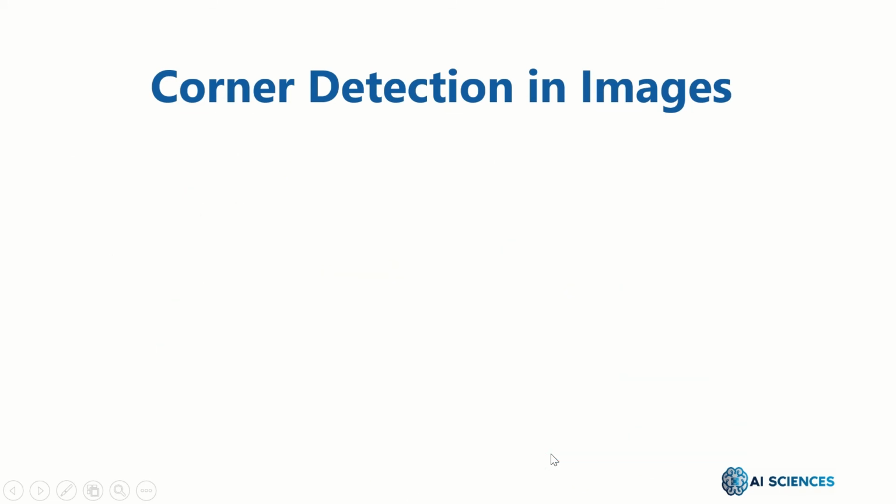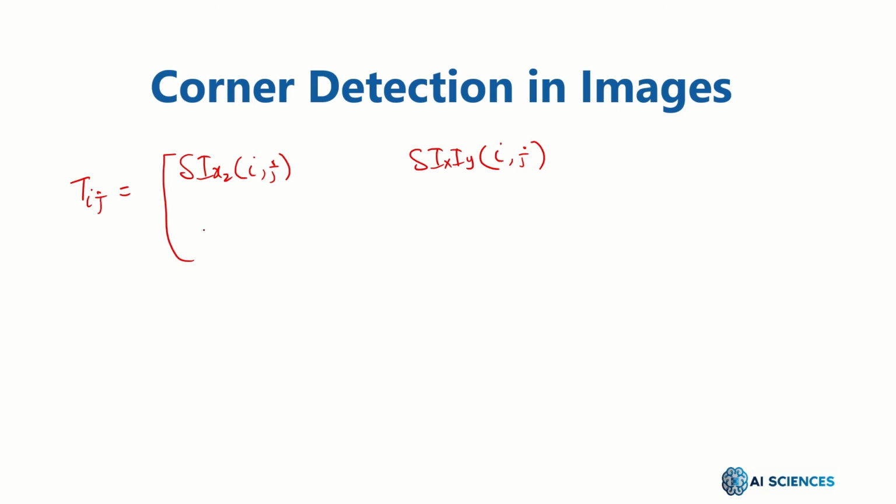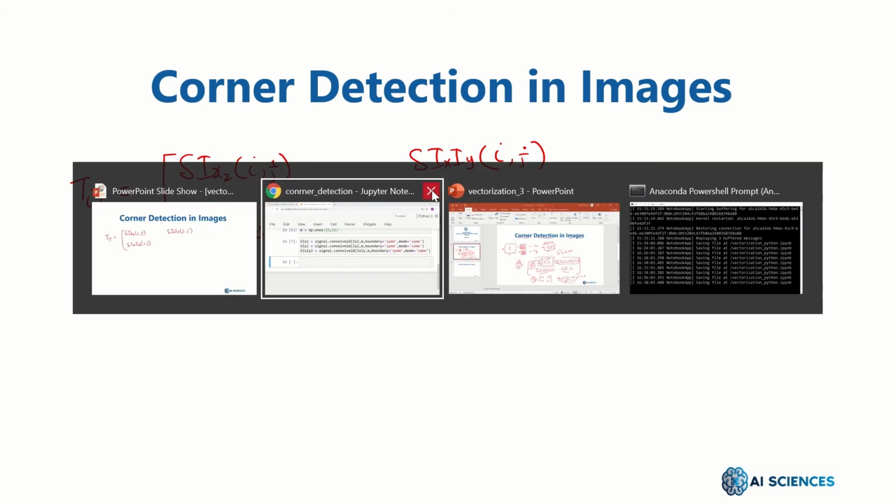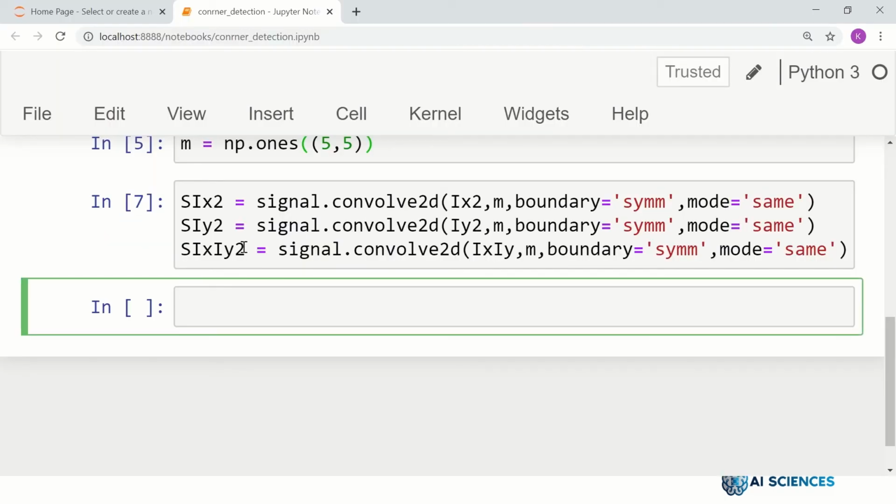So at location ij we compute the following matrix, which is the sum of ix2 at ij, and the sum of ix iy at ij, and again the sum of ix iy at ij. I guess I have taken this as 2.